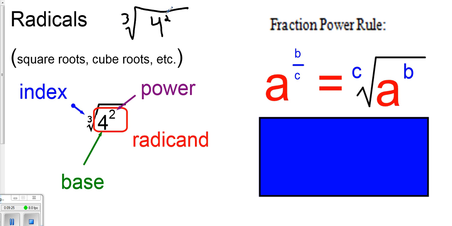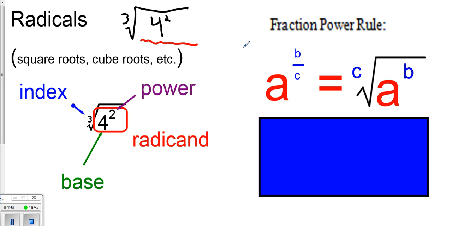In this case, we'd call the 2 a power or an exponent. It's 4 to the power of 2. The 4 itself is called a base because it's 4 to the power of. The whole thing underneath the radical sign, so this whole thing, 4 squared, is what's called the radicand. Okay, so those are just some pieces of terminology that we might use when talking about radicals. So just a quick review.